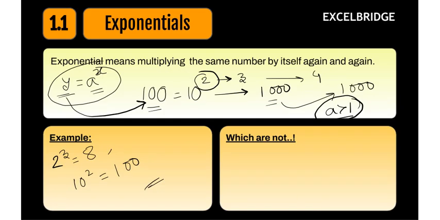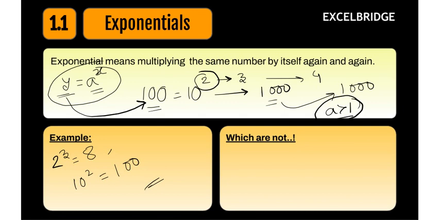Only when the variable is in the exponent is it called exponential. If the variable is not in the exponent, we cannot call that exponential.